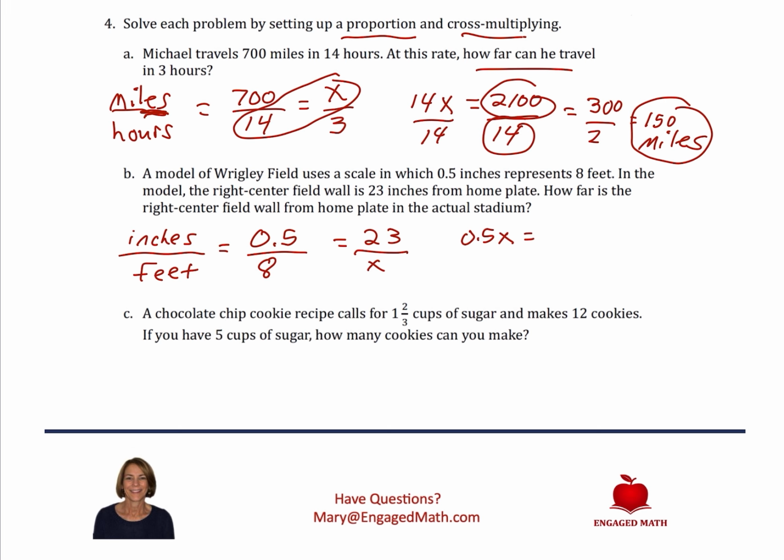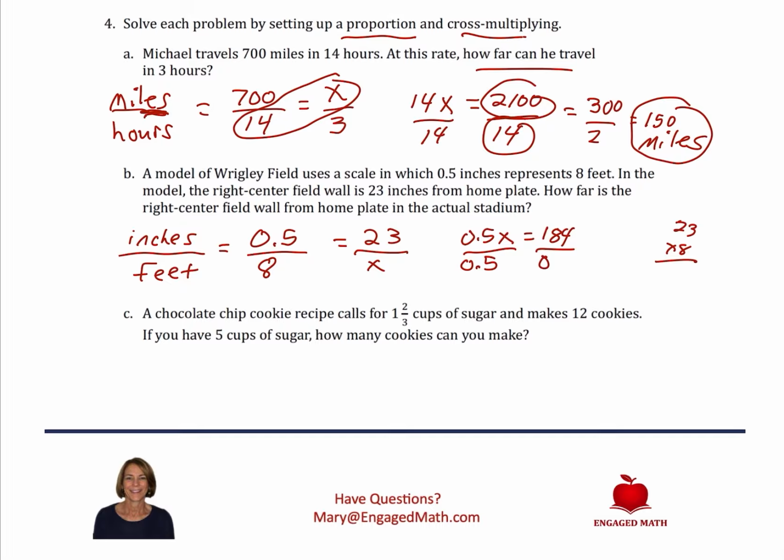You can do that in your head, or you can do it the old-fashioned way. The way I like to do it is 20 times 8 is 160, 3 times 8 is 24, so 160 plus 24 is 184.